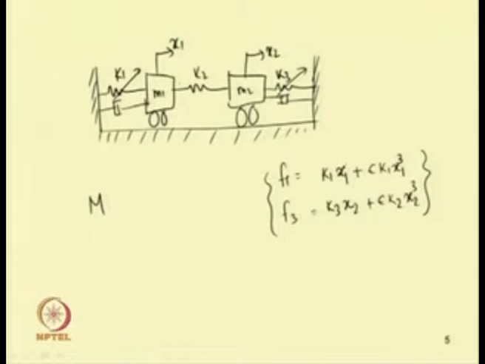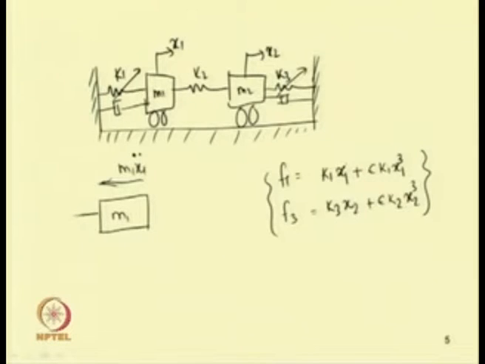Now if you write the free body diagram of the first mass, that is M 1, it can be written in this form. It is subjected to a displacement x 1 towards the right, so it will be subjected to an inertia force of M 1 x 1 double dot towards the left.